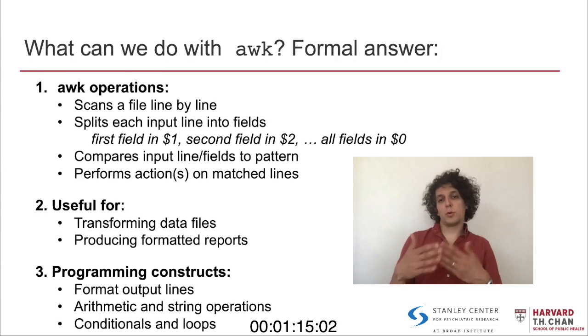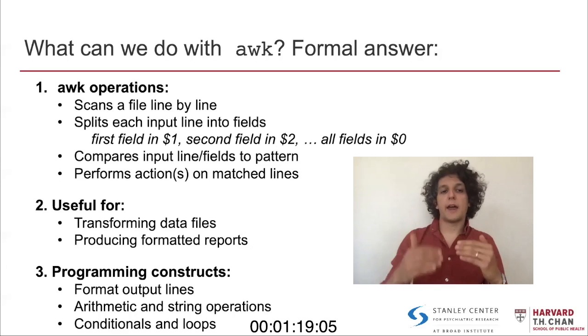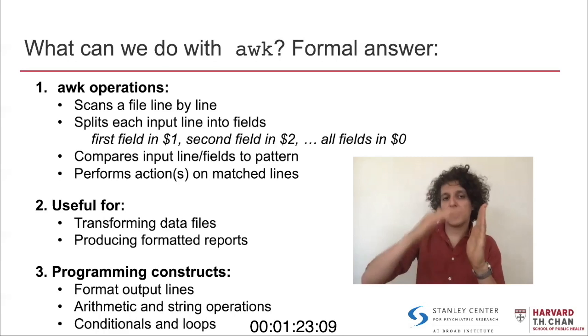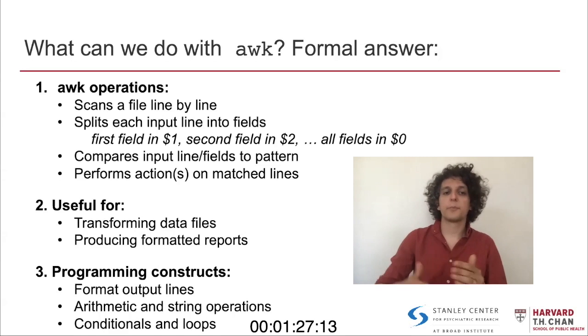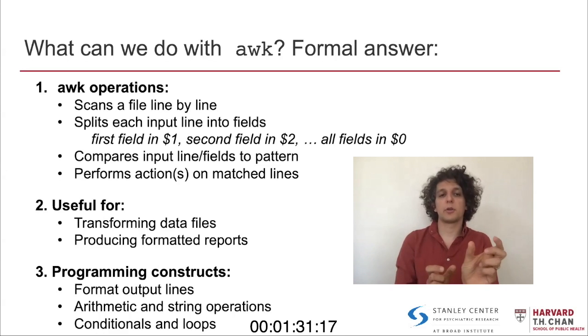So a more formal answer to this question is that awk is able to scan a file line by line. It's going to read the file and analyze it line by line, one after the other. It's going to split each input line into fields. For example, the first field will be the first word and it will be stored in the variable $1.